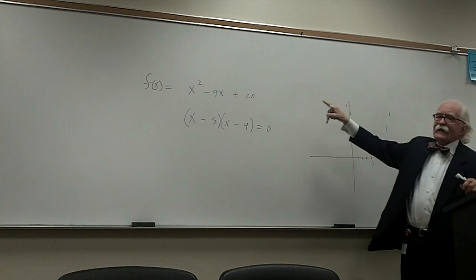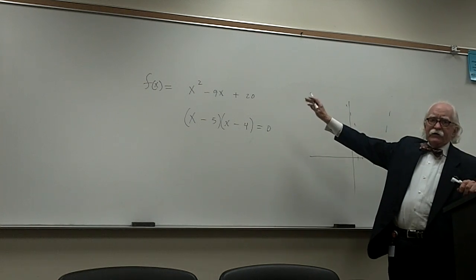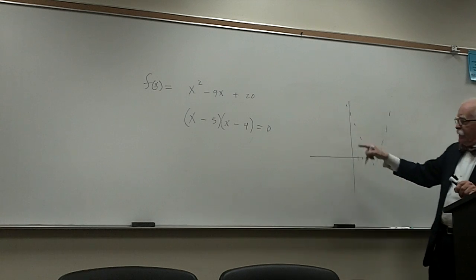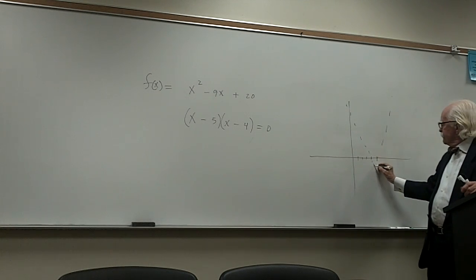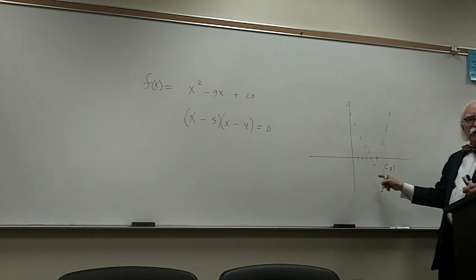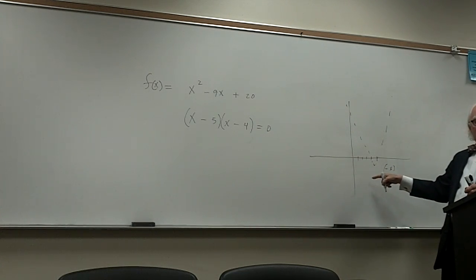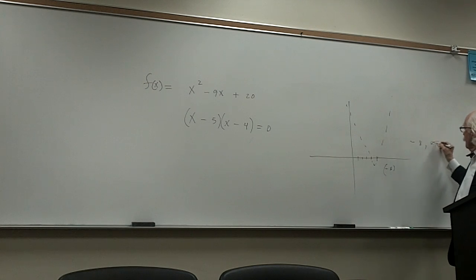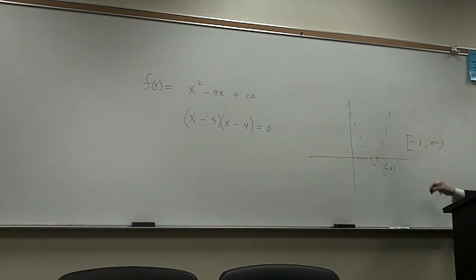And if you plug that back in, whatever you get, I don't know, we'll pretend we plugged it in and say we got a minus 8 or something. But you notice that your range would be from minus 8 all the way to infinity.